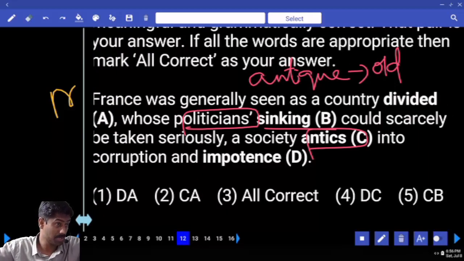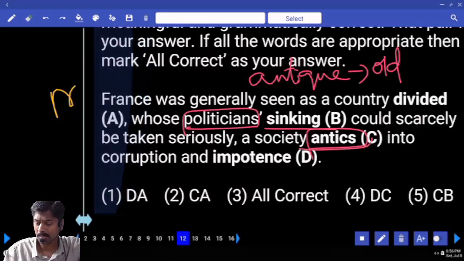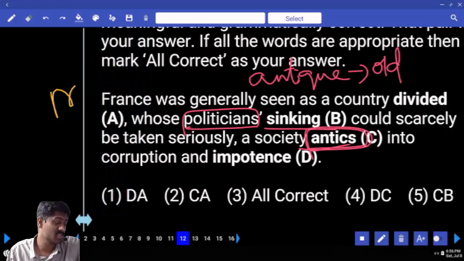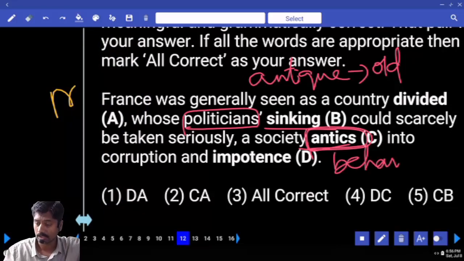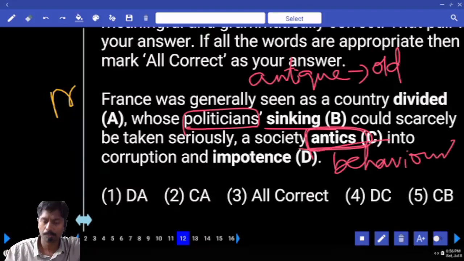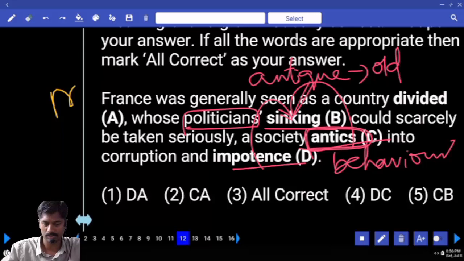It is an antique piece, old but still valuable. Antic means a different, strange action or behavior. This is behavior related. So this is a noun. Importance is a noun. Impotence means no power. What should I take? Politicians', antics or impotence?